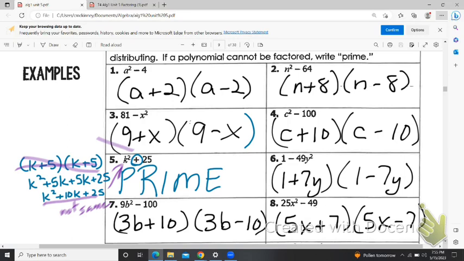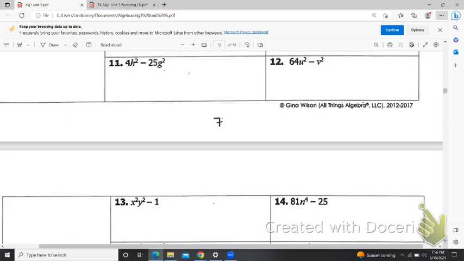All right, so I'm going to skip ahead to show you some at the very bottom of your homework page. I was going to skip ahead a little sooner, but I figured I should show you again a couple of these that have multiple variables, in case that might throw anybody off.